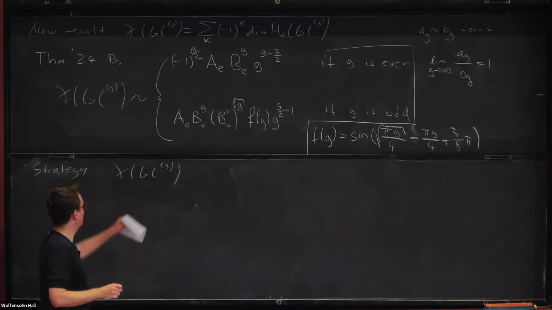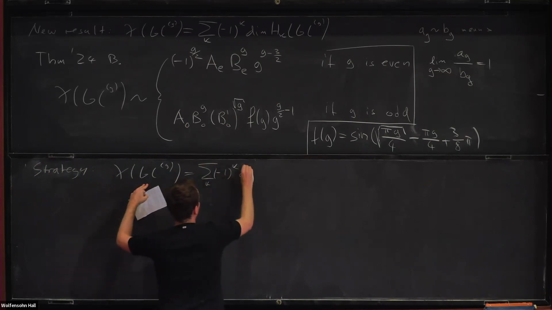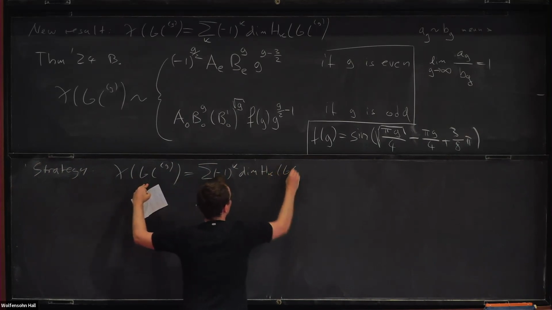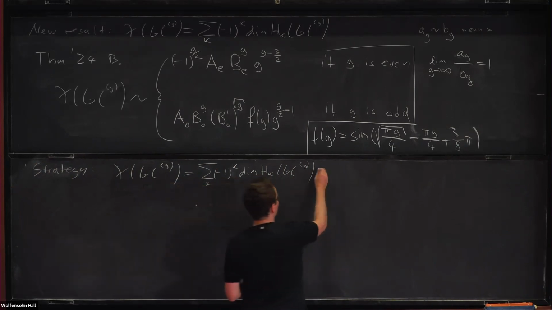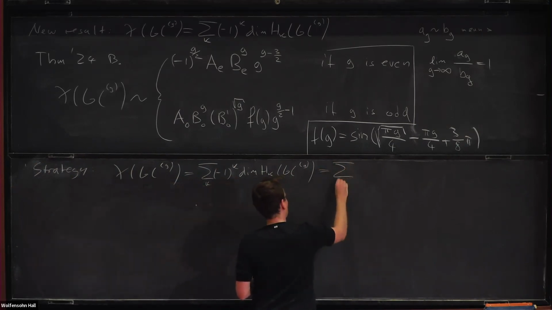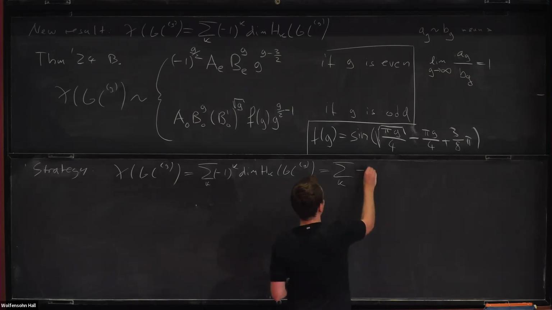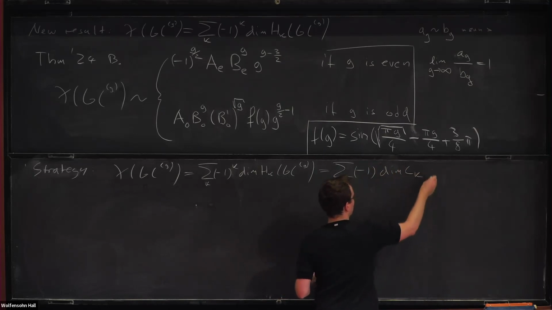Combinatorially, this Euler characteristic is the alternating sum of the Betti numbers. But it's like an ancient wisdom that one can also compute this Euler characteristic using the dimension of the chain groups.